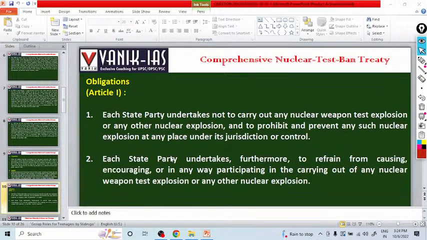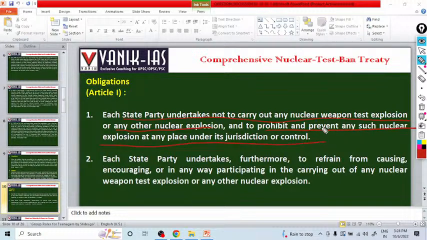And so, obligations under the treaty: what are the obligations of the countries? As per Article 1, each state party undertakes not to carry out any nuclear weapon test explosion. Every state party to the treaty undertakes not to carry out any nuclear weapon test explosion or any other nuclear explosion, and to prohibit and prevent any such nuclear explosion at any place under its jurisdiction and control.